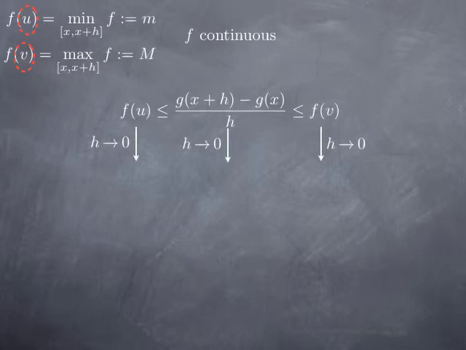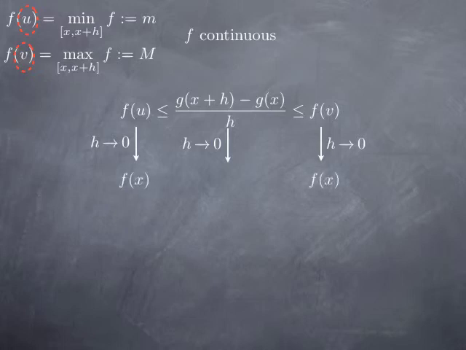So f of u as h goes to 0 is approaching f of x because f is continuous. So if u is approaching x, f of u is approaching f of x. And similarly, v is approaching x, and therefore f of v is approaching f of x by continuity of f.